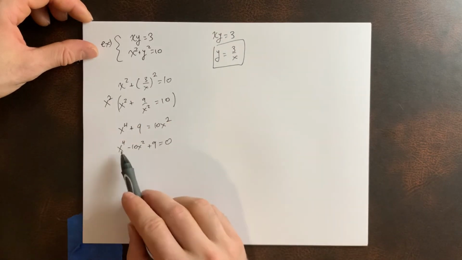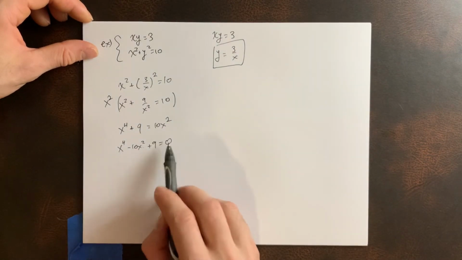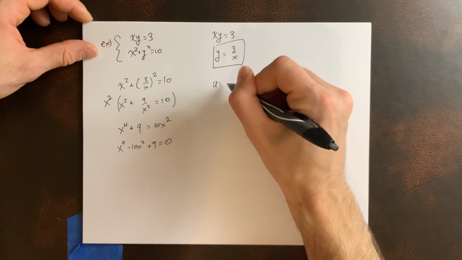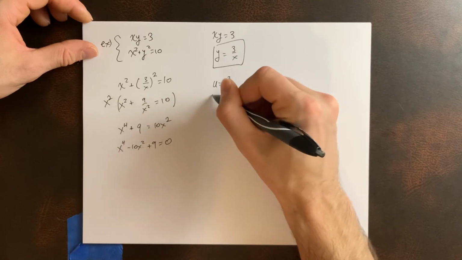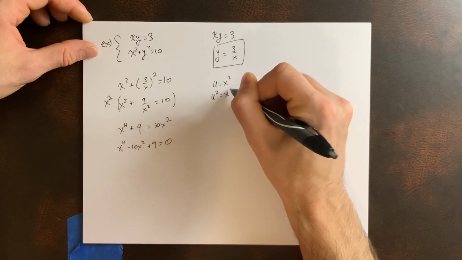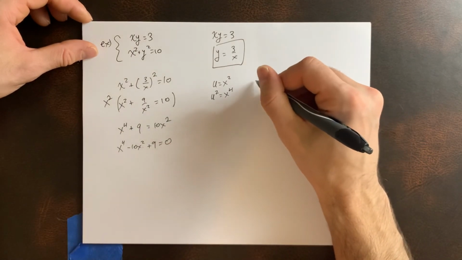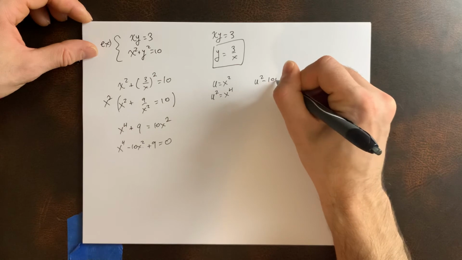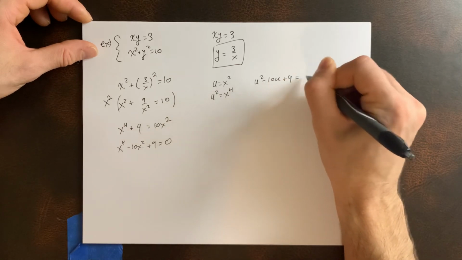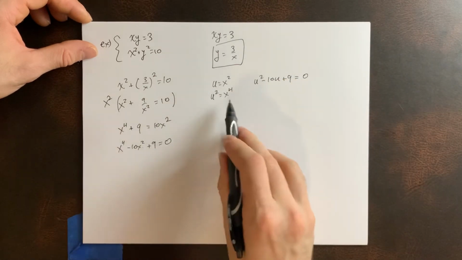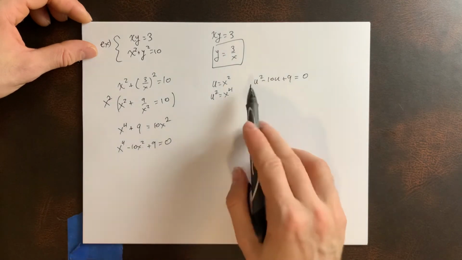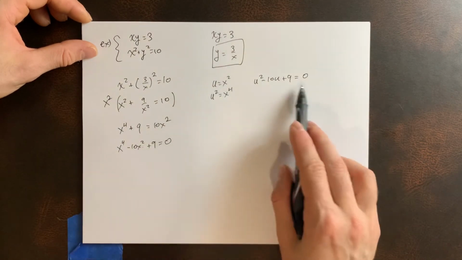When we have a problem like this where we have an x to the 4th, an x squared, a number, and then 0, we let u equal x squared. And if we square both sides, we get u squared is equal to x to the 4th. So we're going to replace these x's with u's for a second, which is going to give us u squared minus 10u plus 9 is equal to 0. So here, this x to the 4th, that's another way of saying u squared. This x squared is just another way of saying u, and then we have a 9. So we can solve this one easily.